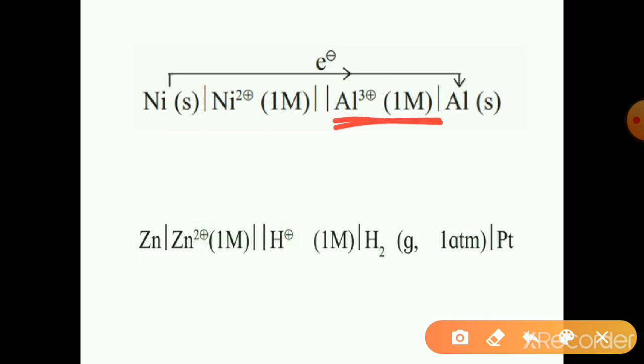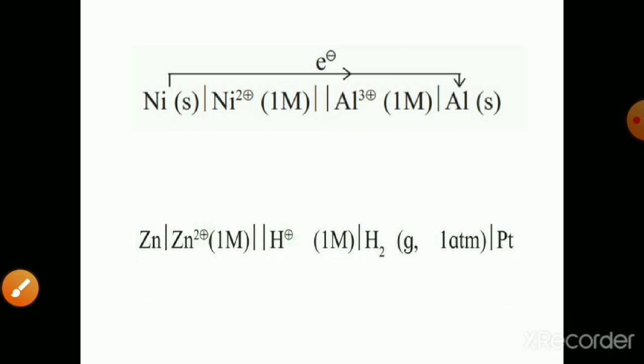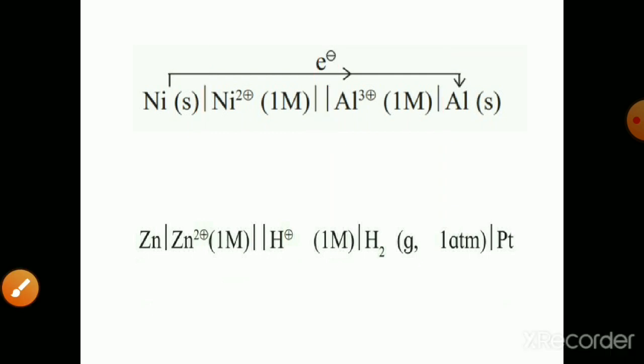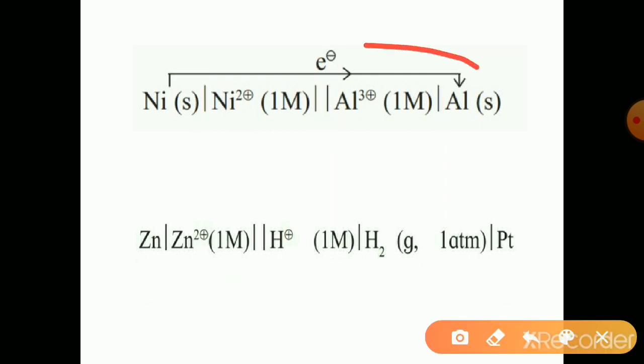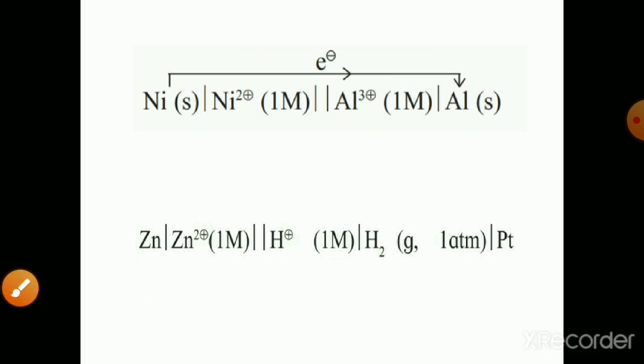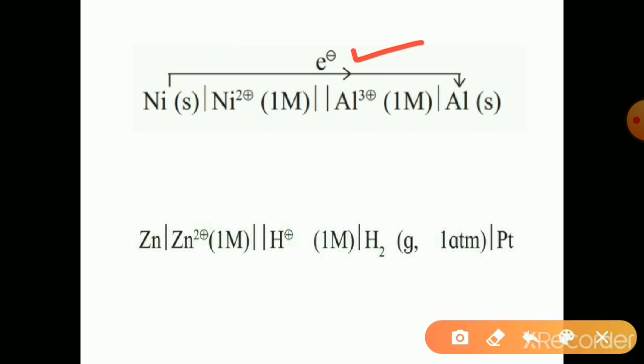Aluminum ions of 1 molar concentration are in contact with the aluminum electrode. A vertical line shows the direct contact. Two vertical lines indicate the salt bridge. This is not needed to represent, but to know the flow of electrons, I have shown it here.